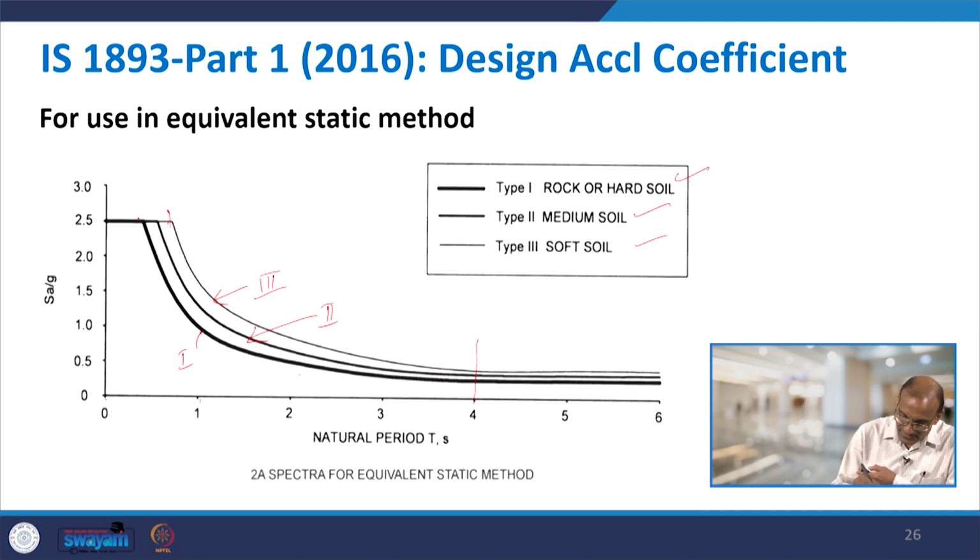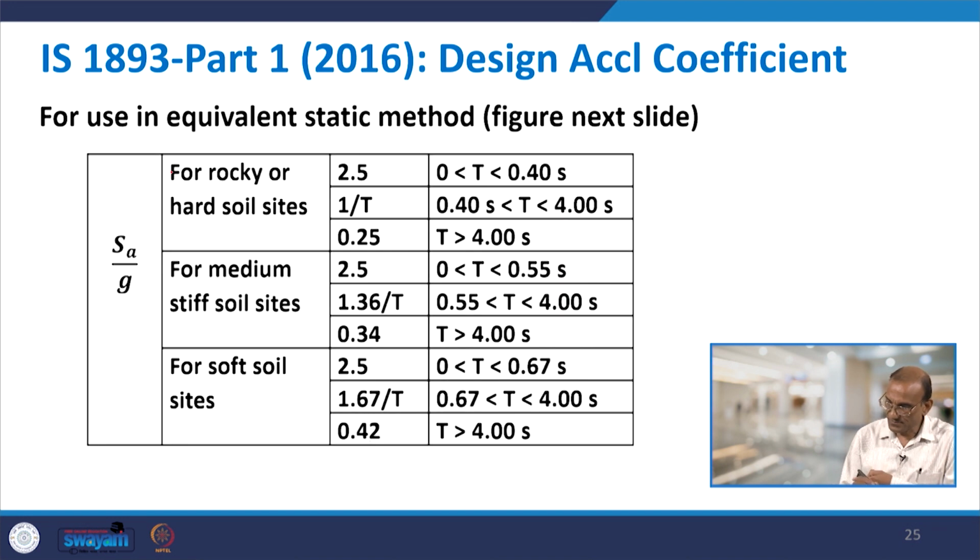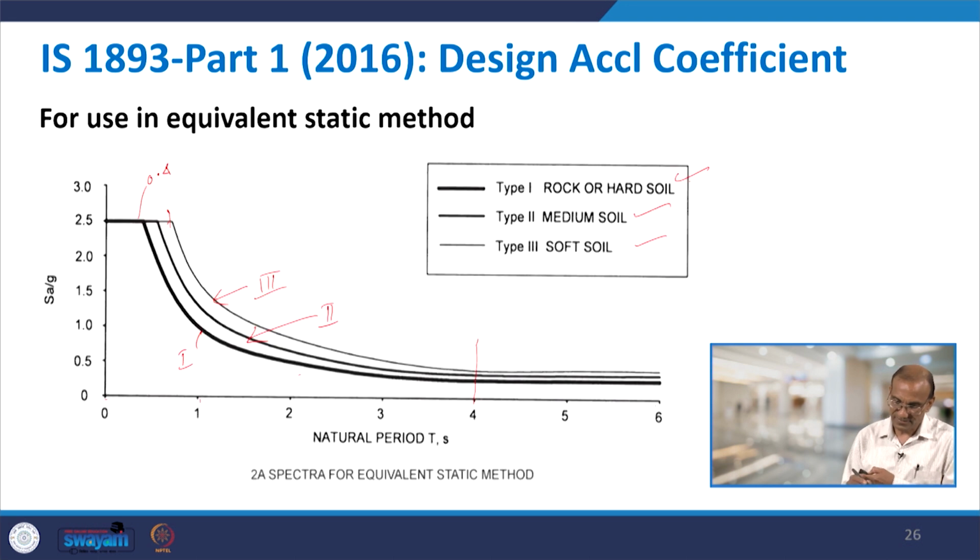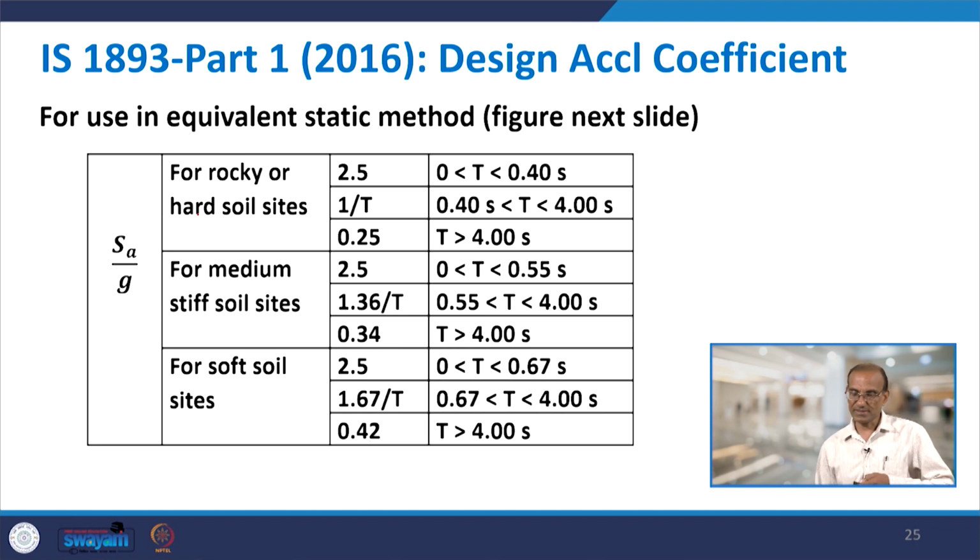So, this is 0.44, this is 0.40 and then 0.55, this value corresponds to 0.55 and here this number is related to 0.67 second. So, in this case up to 0.4 seconds this is 2.5, here up to 0.55 and 0.67 second. So, this value is shown here and the value is also constant, 2.5.